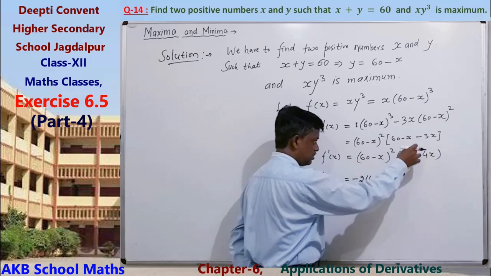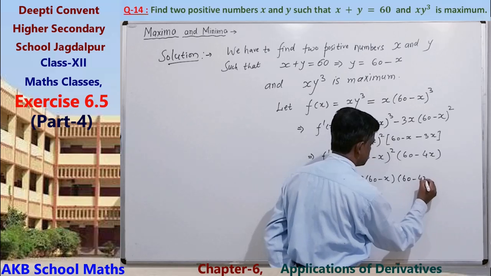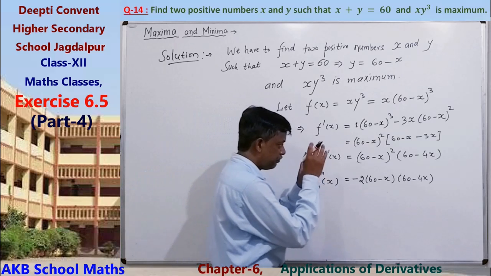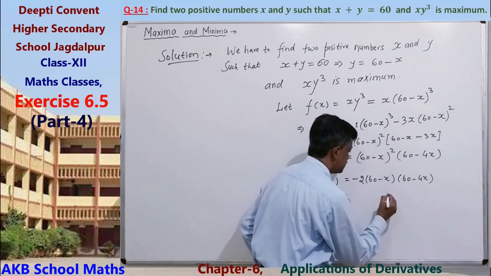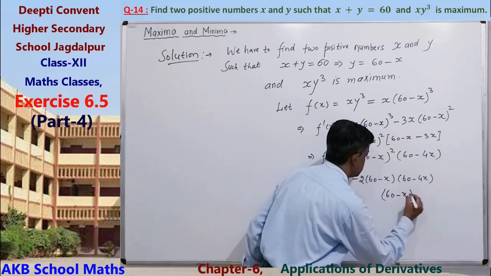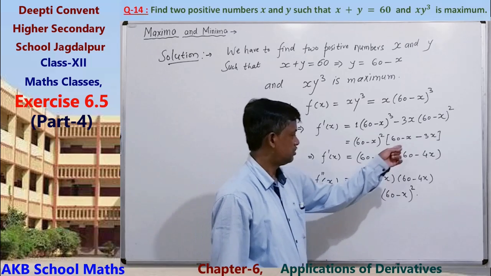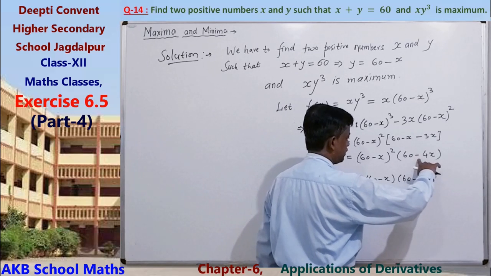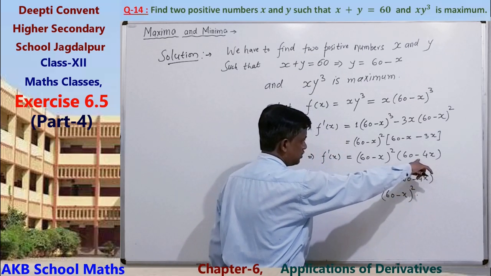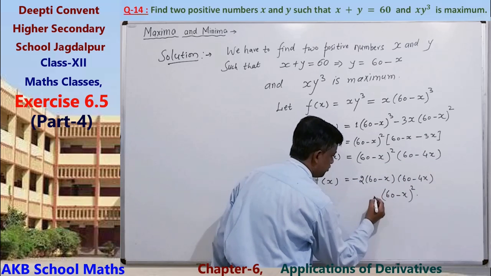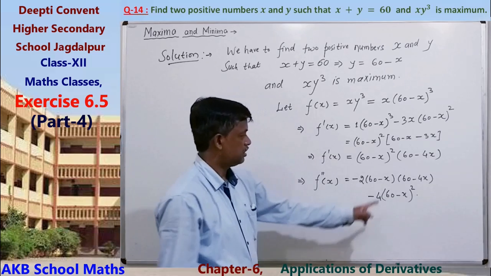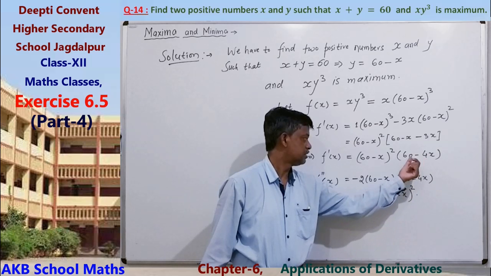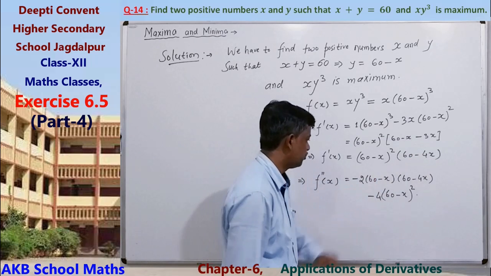This is the derivative of the first function into the second function, (60 minus 4x), plus now the first function as it is, (60 minus x)², into the derivative of the second function, which is 0 minus 4.